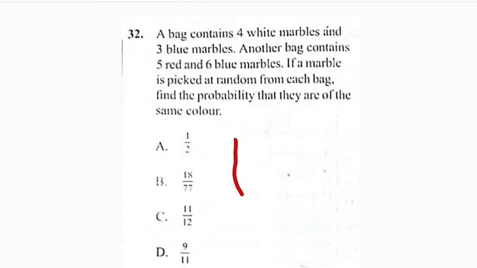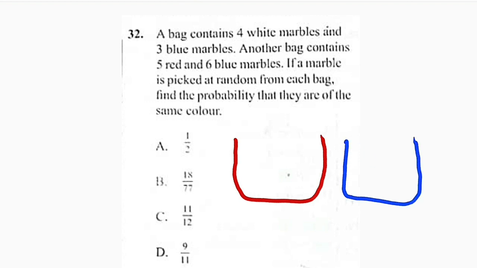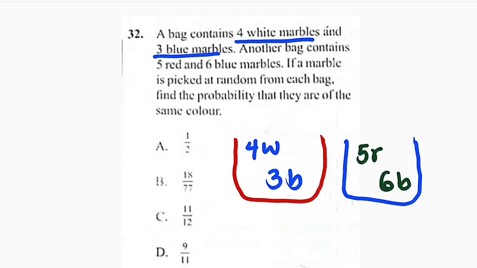Let's assume we have the first bag and we have the second bag here. The first bag contains 4 white marbles and 3 blue marbles, while the second one contains 5 red and 6 blue.